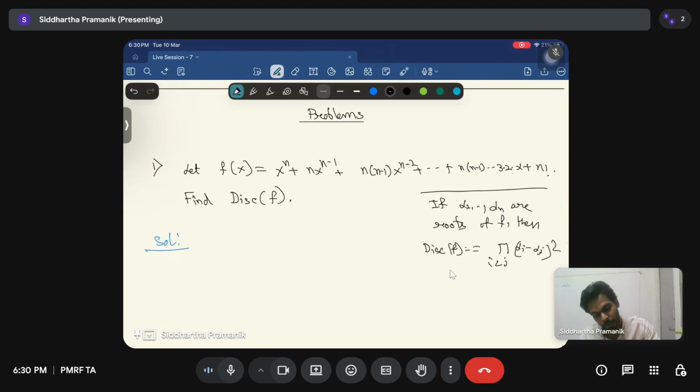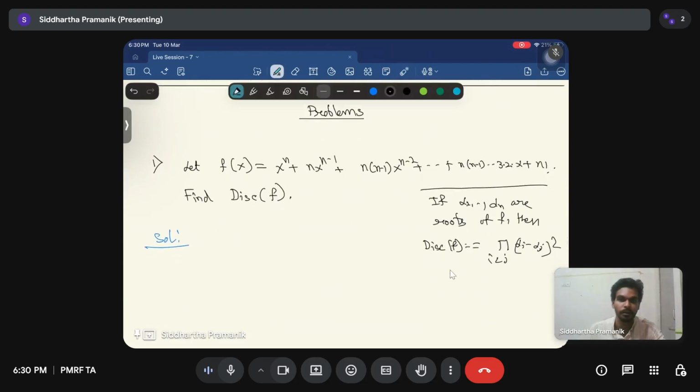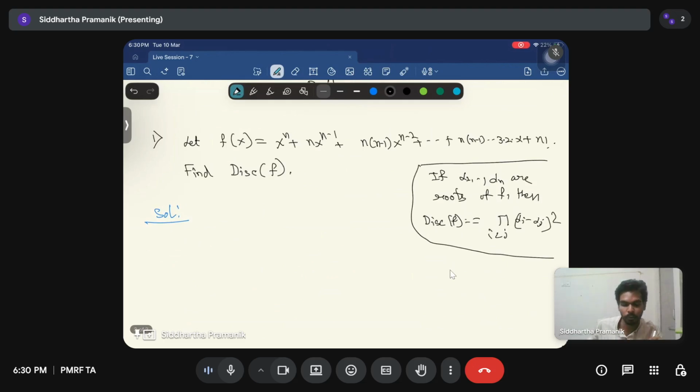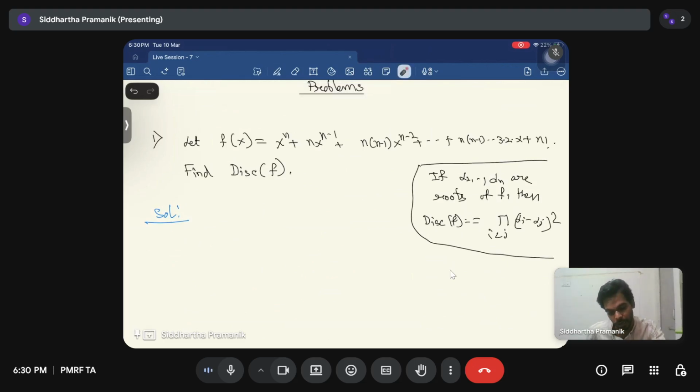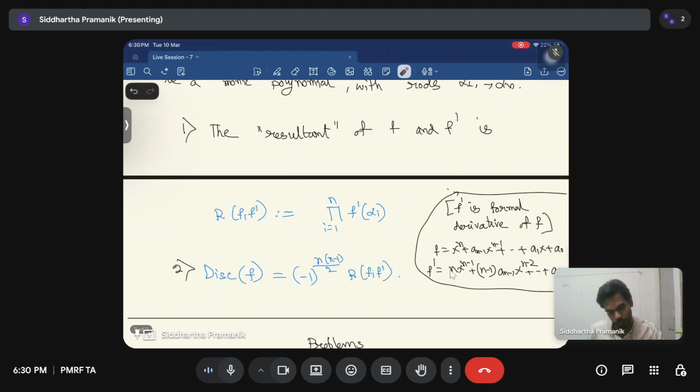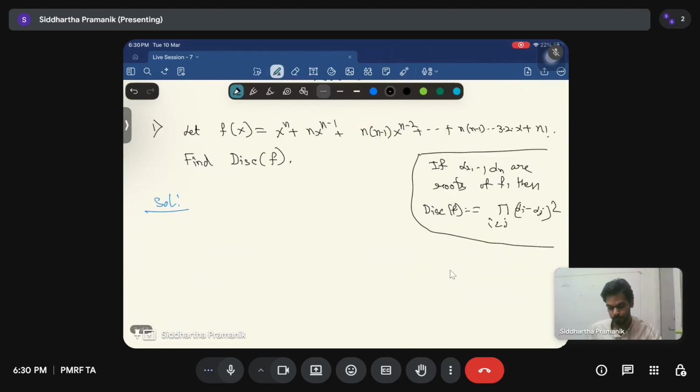If we directly want to compute the discriminant using the definition, we have to compute the roots compulsorily. But what I want to do is use this formula using the resultant. So let's see how to do this.